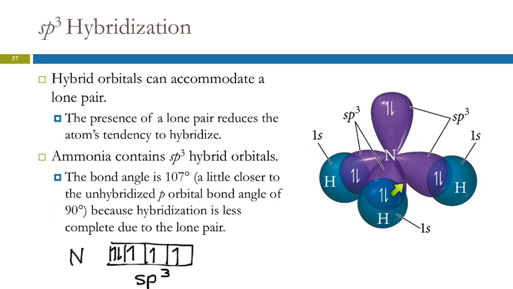The hybridization of these orbitals is less than complete because of the lone pair. So the lone pair is messing up the hybridization a little bit. So instead of being equally spaced in a tetrahedron, it's a little tweaked because it didn't quite go all the way. Any questions?